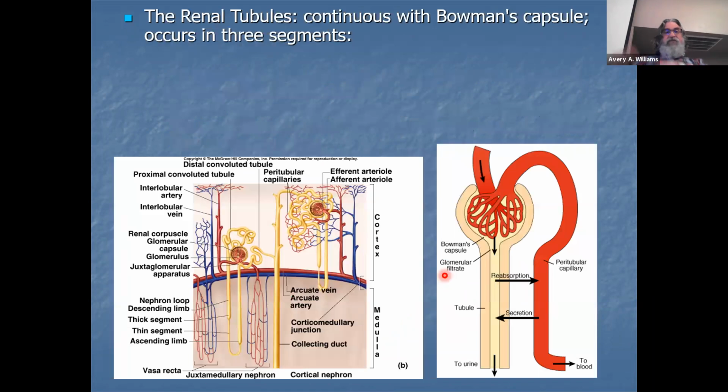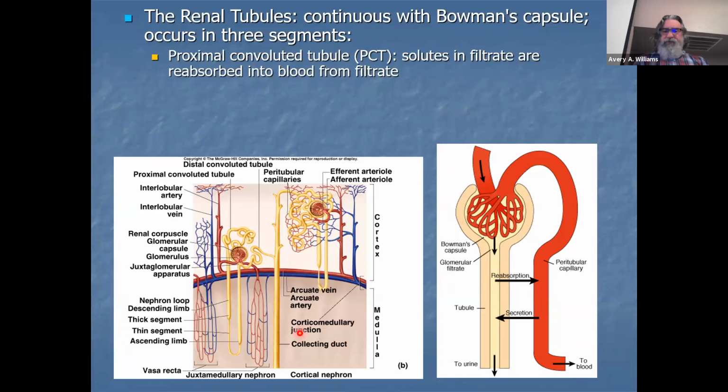So we move on to the renal tubules. The renal tubules, continuous with Bowman's capsules, occur in three segments. So we identify three portions of the renal tubules. First, here's your corpuscle, and here's another corpuscle, two separate nephrons. Attached to each corpuscle is a proximal convoluted tubule, or a PCT. Of course, convoluted means highly folded, bent.